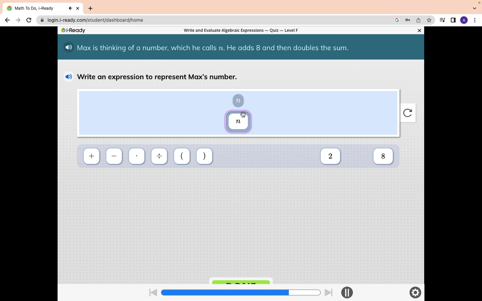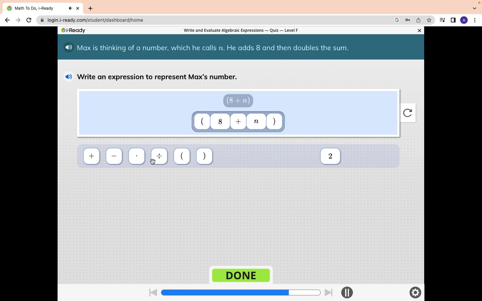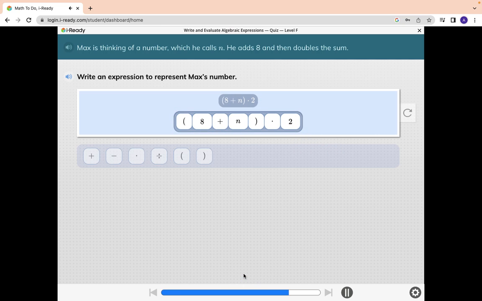So n plus 8, or 8 plus n, we need to do that first, and then times 2. That's right. You can also write 2 times the quantity n plus 8 to represent Max's number.